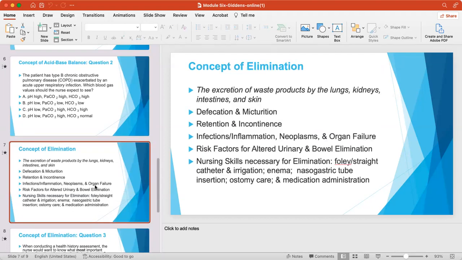Okay, so the next concept here is elimination, and it's the last concept. Remember, the prevalence of urinary incontinence ranges from 19% in women age 45 years or younger to 49% in women age 80 years or older.